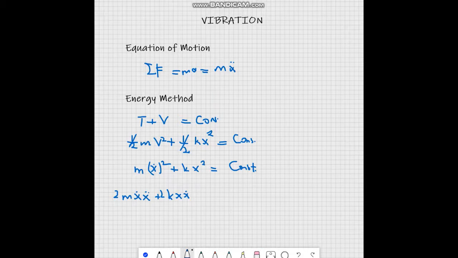X dot gives just 1 x, and inside the derivative, x double dot, is the same here. On the other side, the derivative of the constant is 0. The 2 x dot is gone, so it's gonna be m x double dot plus k x equal to 0.